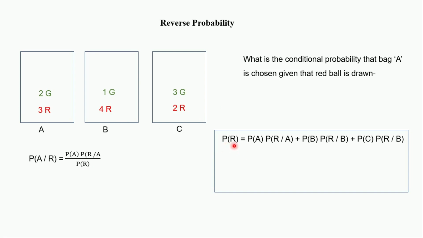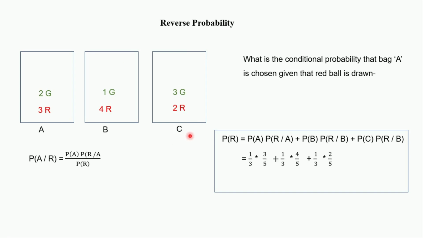Probability that a red ball is picked up equals the probability that we pick bag A times the probability that we draw a red ball given that we picked bag A, plus the probability that we pick bag B times the probability that we draw a red ball given that we pick bag B, plus the probability that we pick bag C times the probability that we draw a red ball given that we pick bag C.